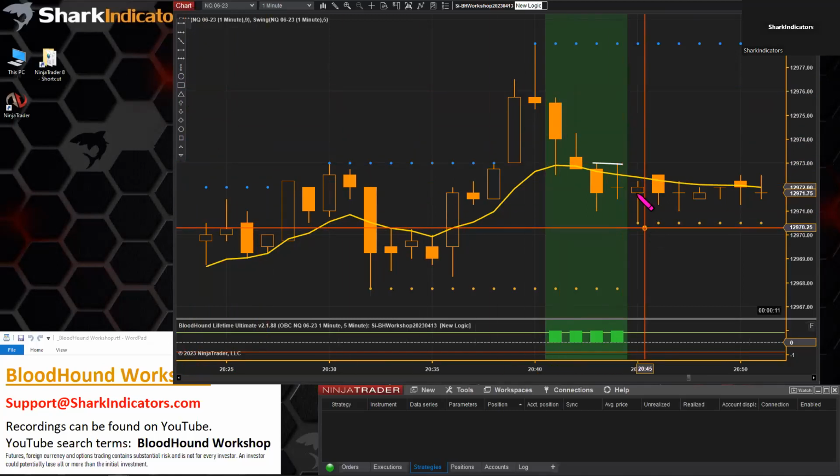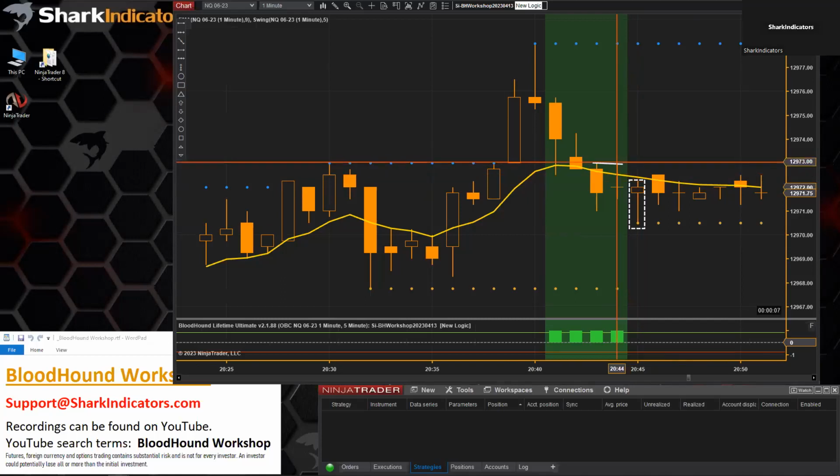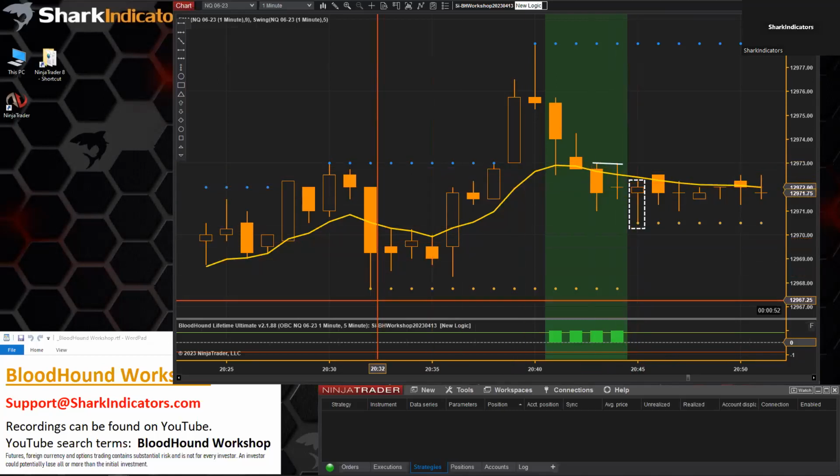So if that entry order did get filled, we would have gotten an exit signal here, and that would have closed out the trade, exiting the position there.